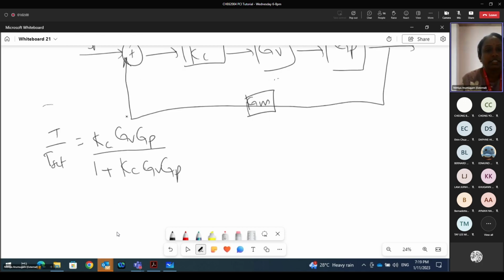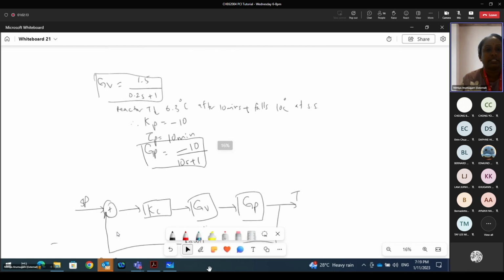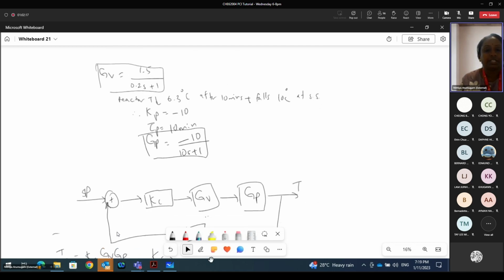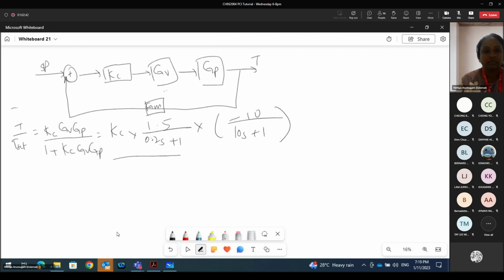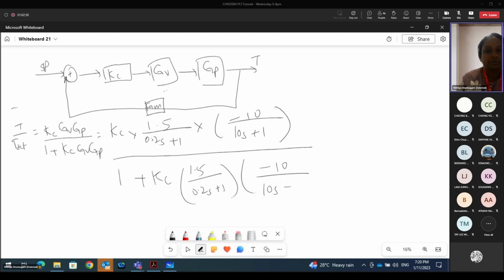Here the Gv, calculated earlier, is 1.5 over 0.2 s plus 1, and the Gp is negative 10 over 10s plus 1, over 1 plus Kc, the Gv given as 1.5 over 0.2 s plus 1, times negative 10 over 10s plus 1.